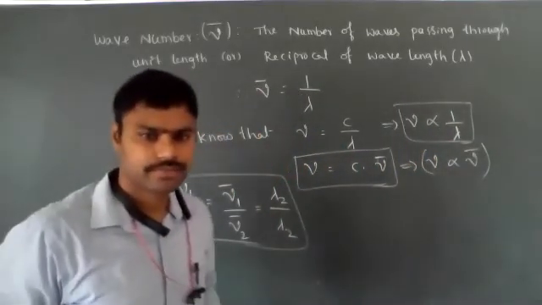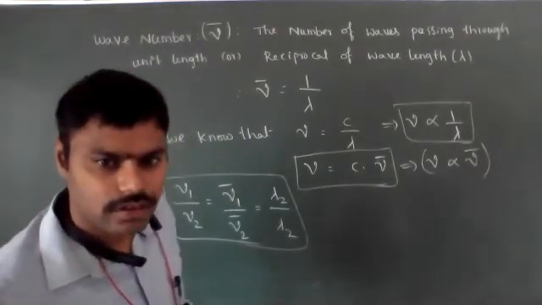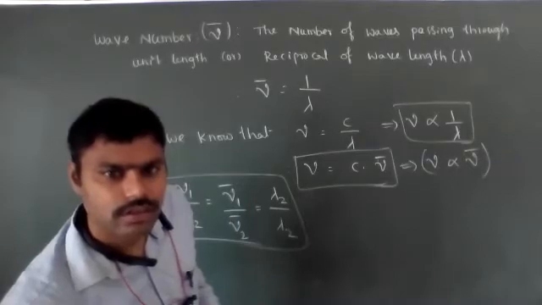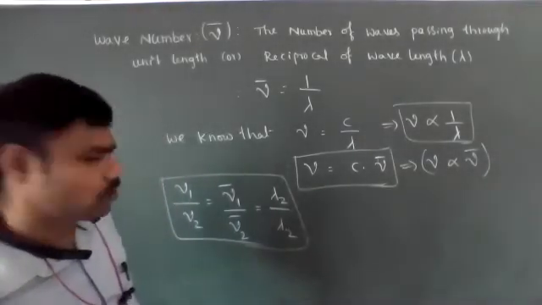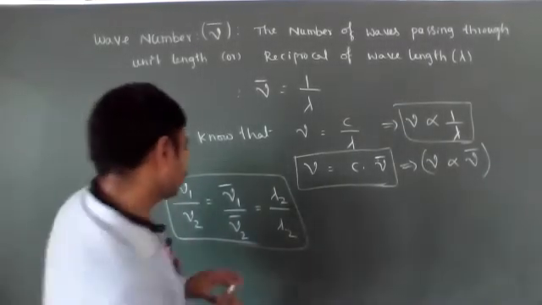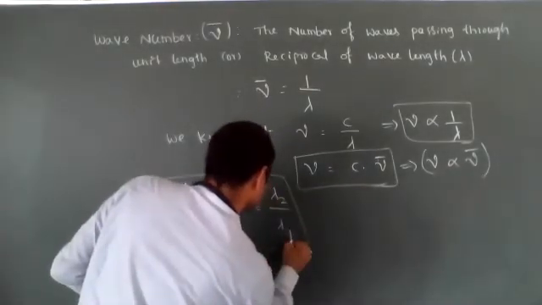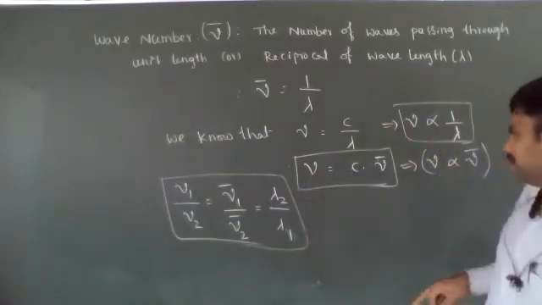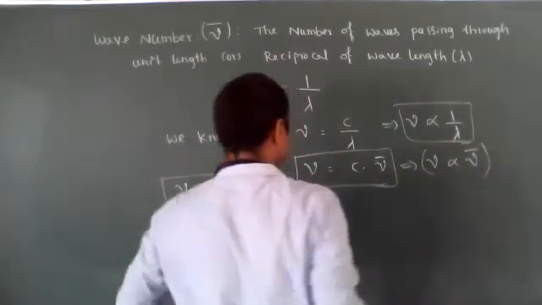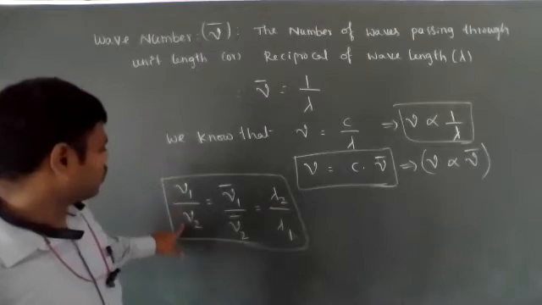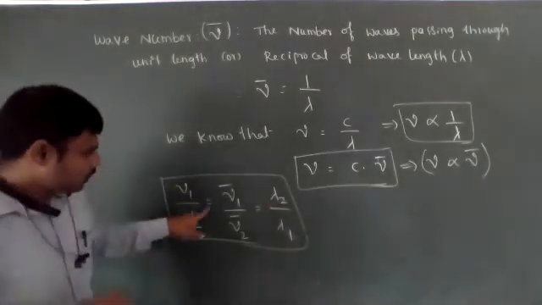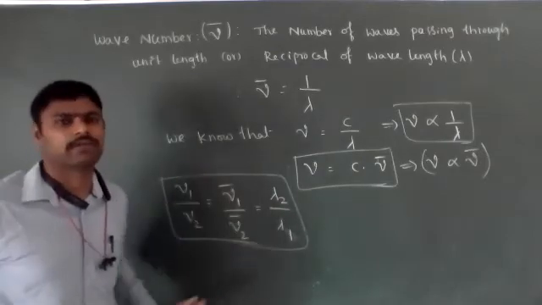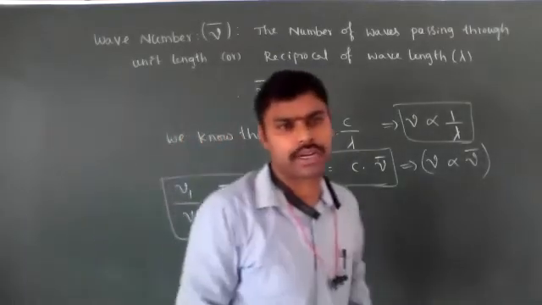So nu 1 by nu 2 is equal to nu 1 bar by nu 2 bar is equal to lambda 2 by lambda 1. This relation is very important.